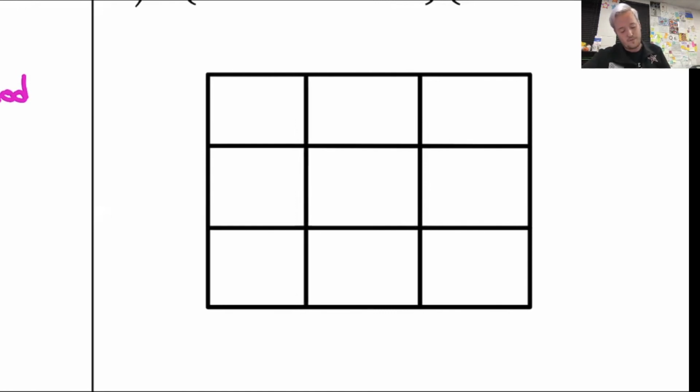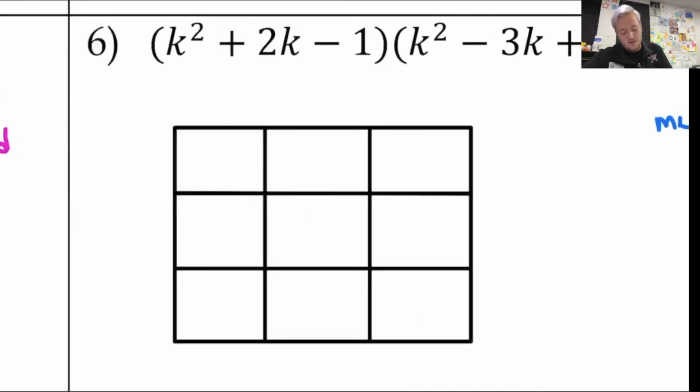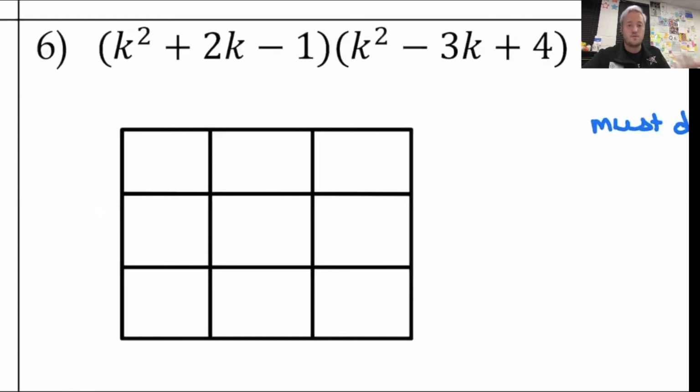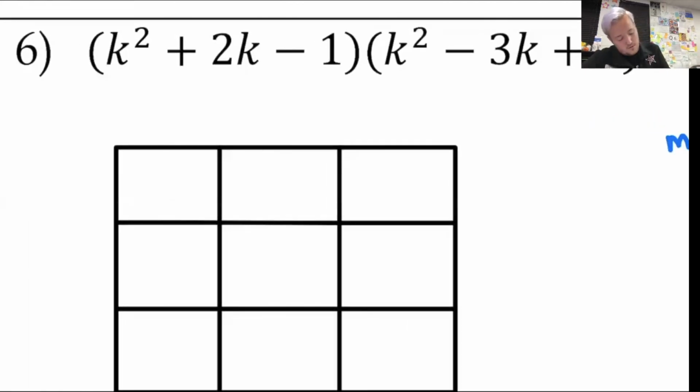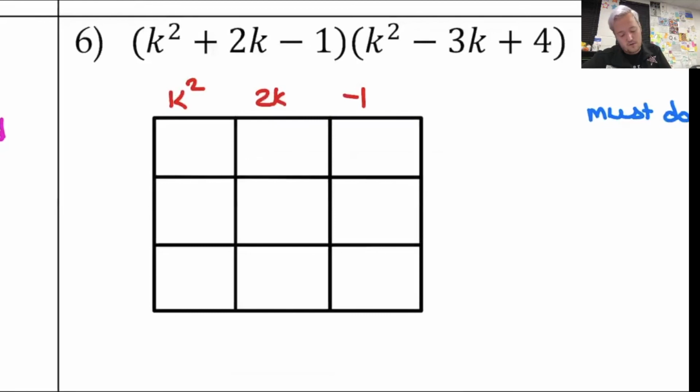All right, close enough. All right, so across the top, once again, it's a 3 by 3, so it doesn't really matter which one you write across the top. So I'll do the k squared, 2k, negative 1. Then across the side over here, I will do k squared, negative 3k, and positive 4.